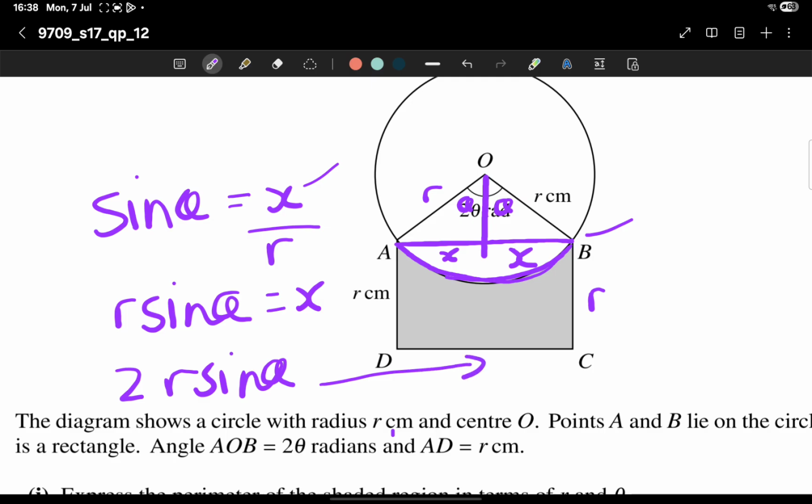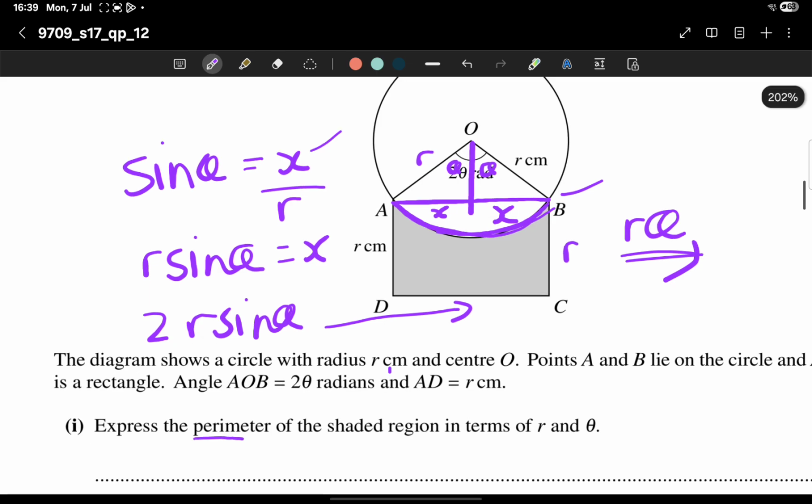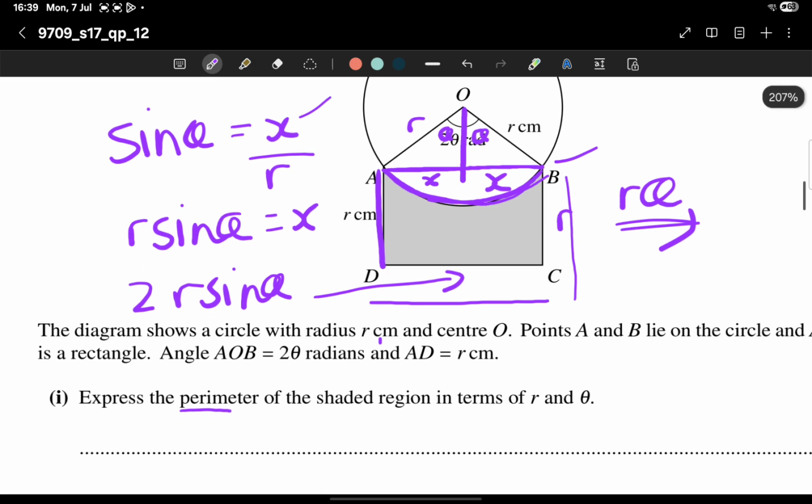That's for DC, right? And for the length of the arc, we know it's r theta, right? That's how we get the length of the arc. So expressing the perimeter, which is the distance right around the shaded region, we're going to say r plus 2r sine theta plus r theta.